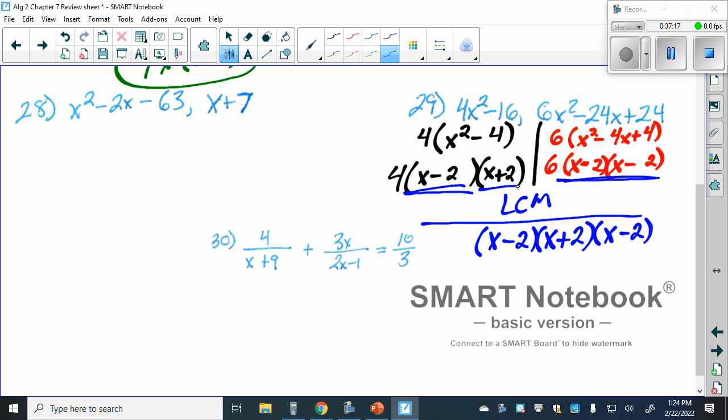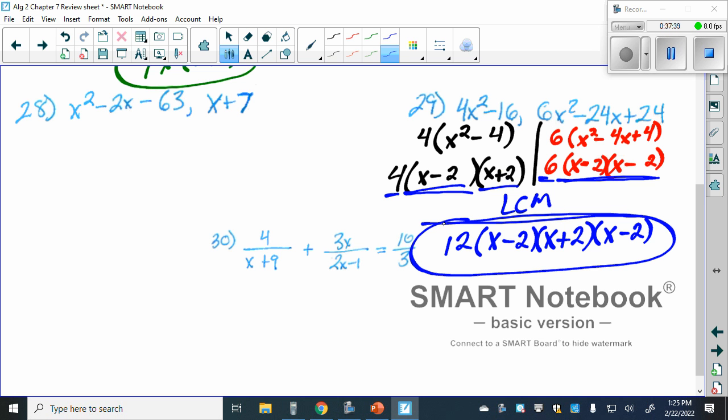Here, an x plus 2 shows up once. It doesn't show up in the other, so we need it once, because we need it whichever term has it the most times, which is twice for the x minus 2 and once for the x plus 2. Well, now we need to see what number we can turn both 4 and 6 into. Exactly, 12.